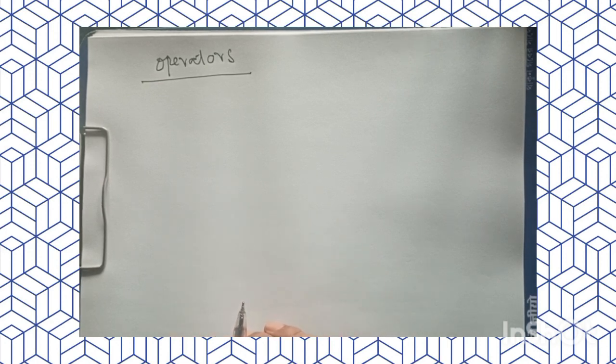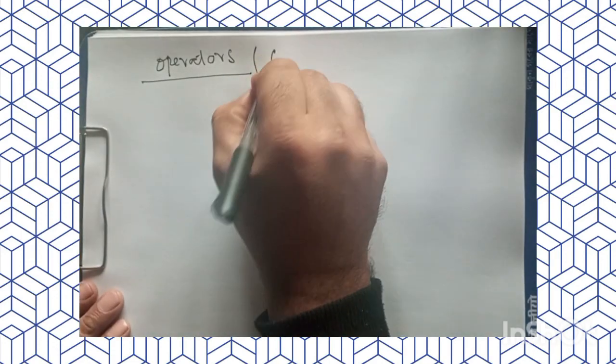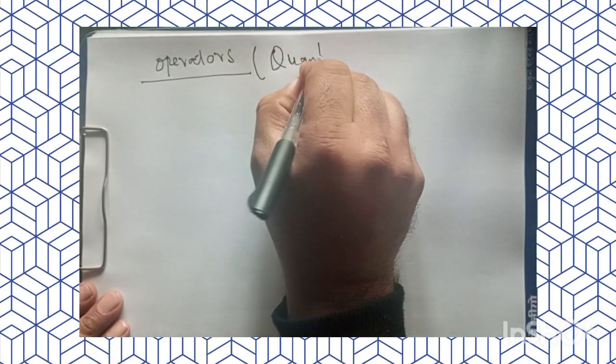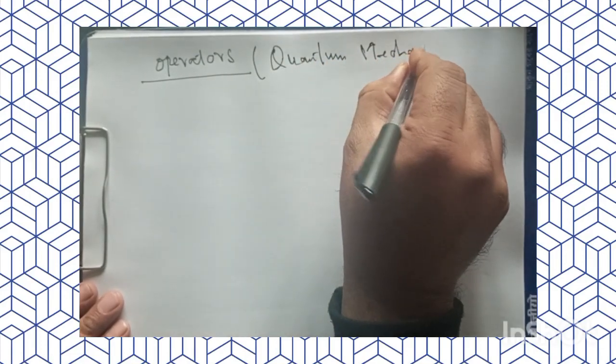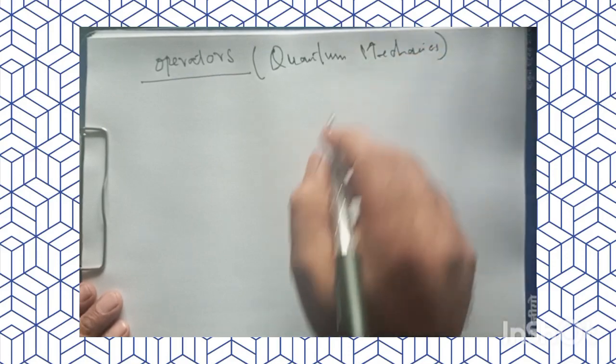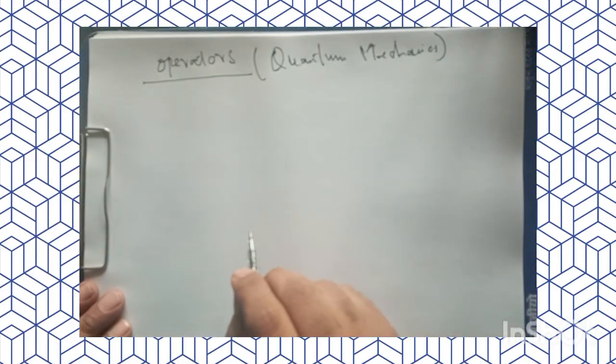In today's topic, we will be discussing operators. I'm talking about operators in quantum mechanics, the mechanics that is based on the presumptions of de Broglie matter waves, which has as its basic mathematical equation Schrodinger's wave equation.